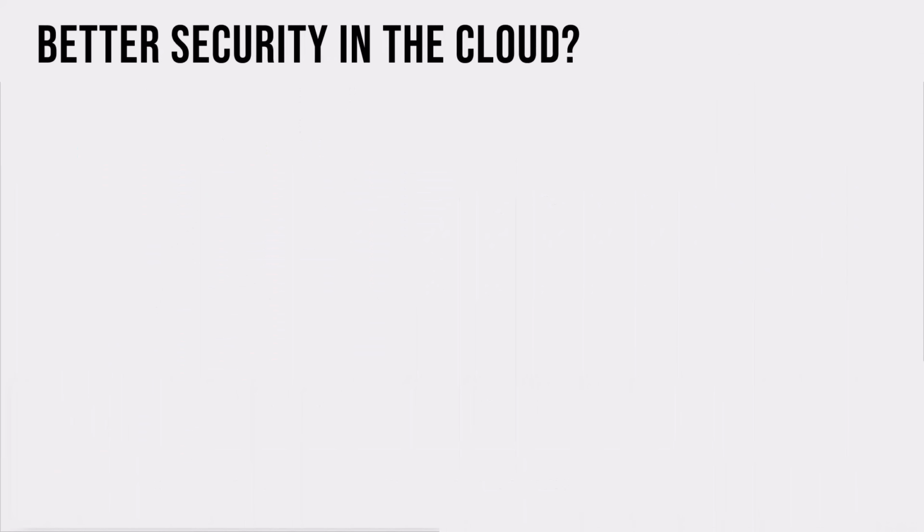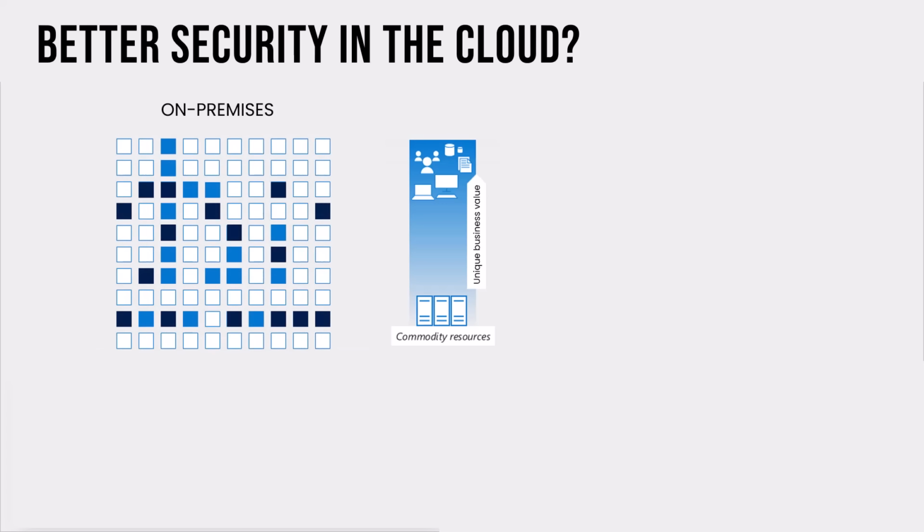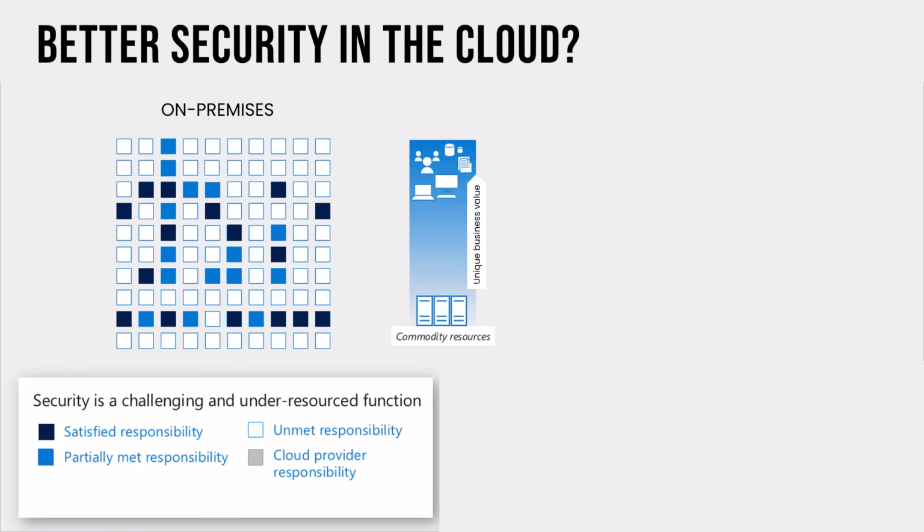Now the burning question: is there better security in the cloud? I think it has been pretty well answered at this point in the industry, and the answer is generally yes. If we look at security in an on-premises scenario, we see that security is both challenging and often under-resourced. Some responsibilities are met, some partially met, and some unaddressed, simply because the organization doesn't have the time and resources to do so.